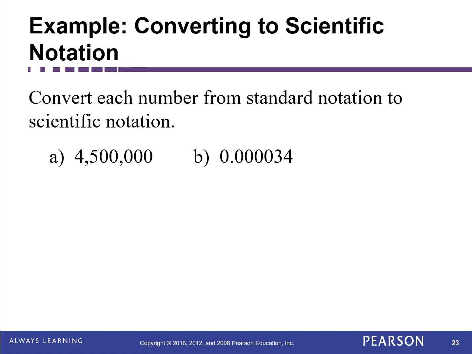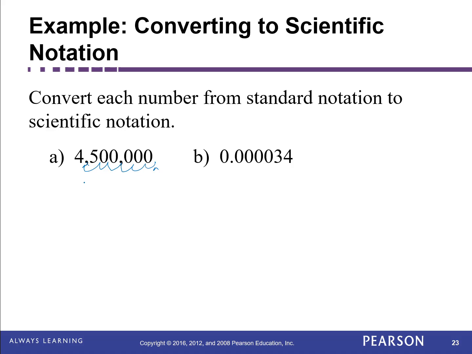Okay, so let's convert each number from standard notation to scientific notation. So here we go. This is where we're starting at. That's our little decimal place. We're going to move it 1, 2, 3, 4, 5, 6 places. Okay, 6 places here.